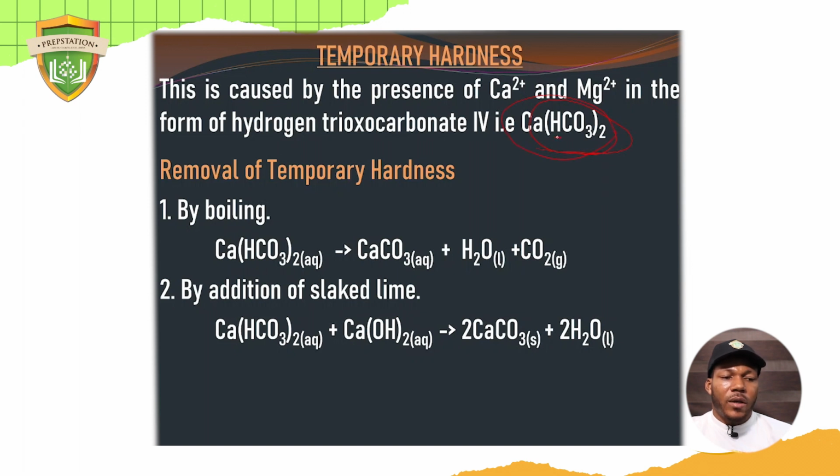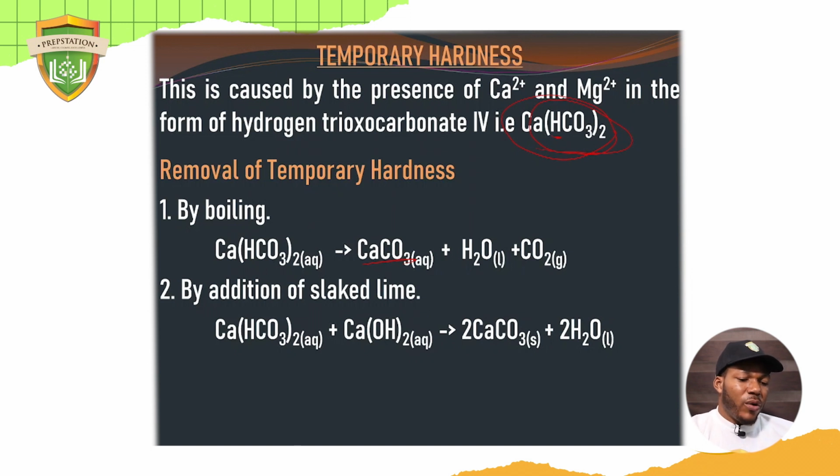If you remove this H, that is permanent hardness, because this compound can be decomposed and removed by boiling. If you boil temporary hardness, you can remove it. By addition of slaked lime, this is the equation for removal of temporary hardness of water.